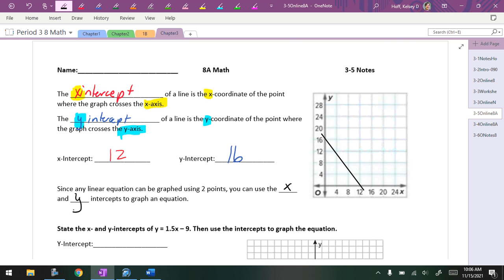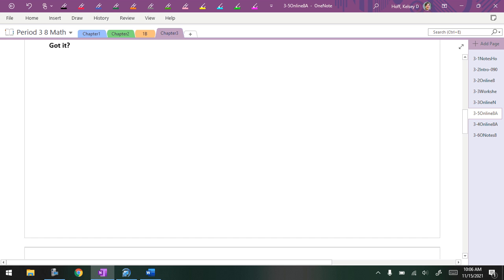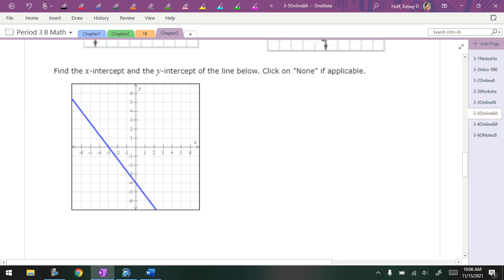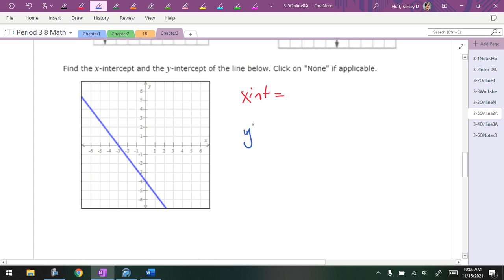Okay? Now, flip this over. Top on the back. I want you to do this on your own right now. Tell me what the x-intercept is for this line. Tell me what the y-intercept is for this line. On your own, and then we're going to talk about it out loud. Where does the line cross the x-axis?